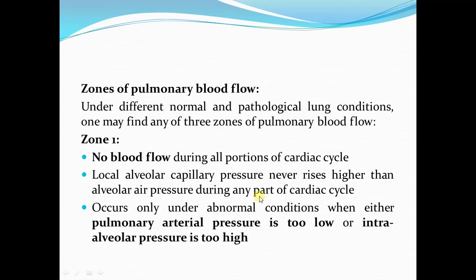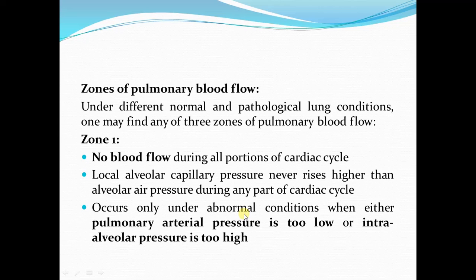Now under normal conditions, zone 1 blood flow is present only under abnormal conditions, and when it is present it is seen in the lung apex.